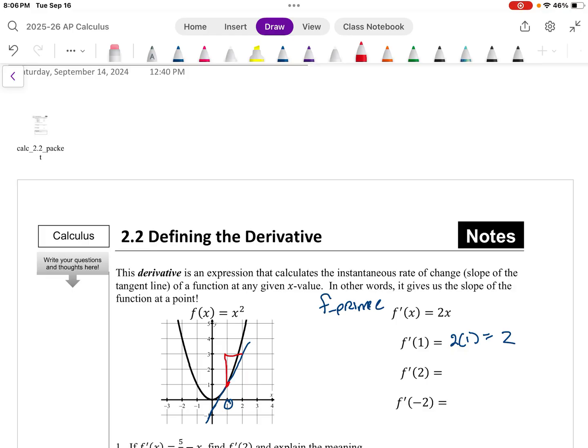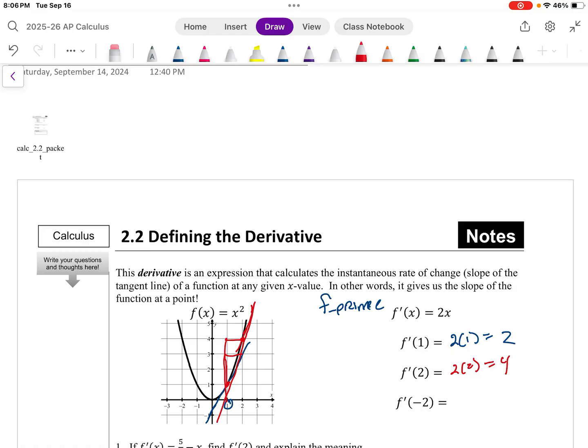Next one says f prime of 2. Well, that would be 2 times 2, which is 4. And if I draw that tangent line, we would notice we have a rise of 4 and a run of 1, so we would have a slope of 4.